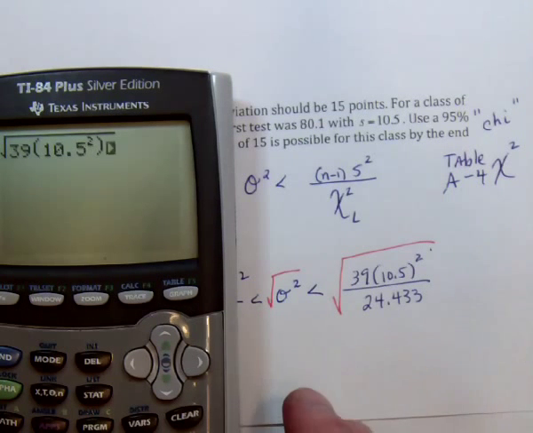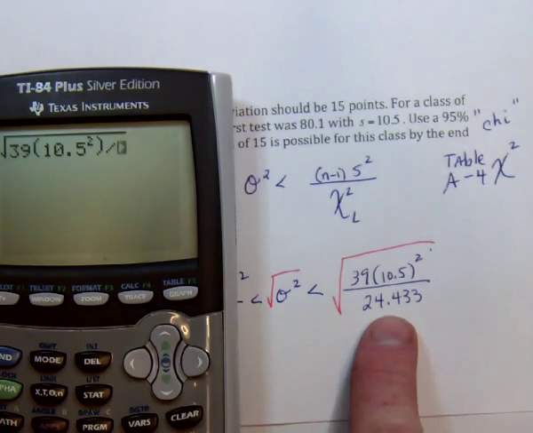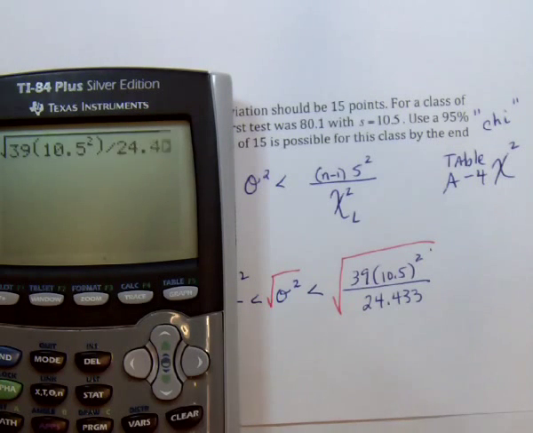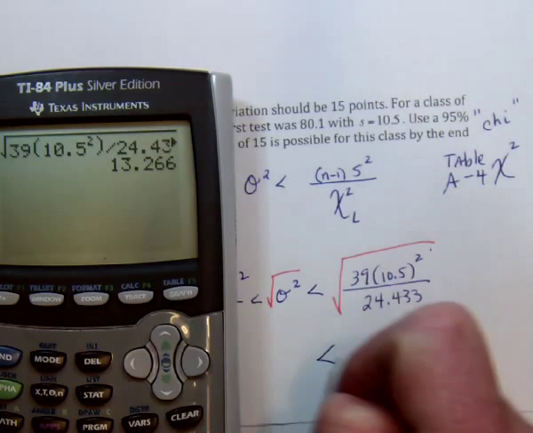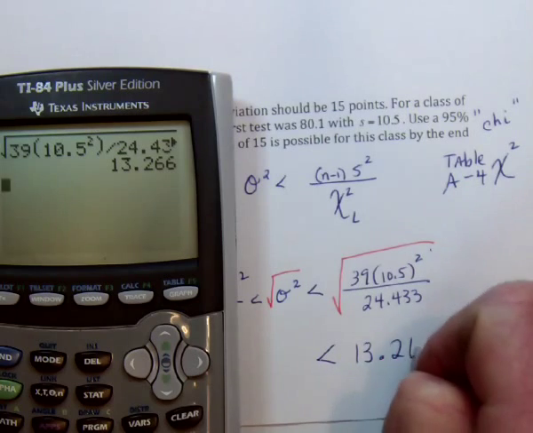And then it's divided, I'll just do this one right now, divided by 24.433. So this side is 13.266.